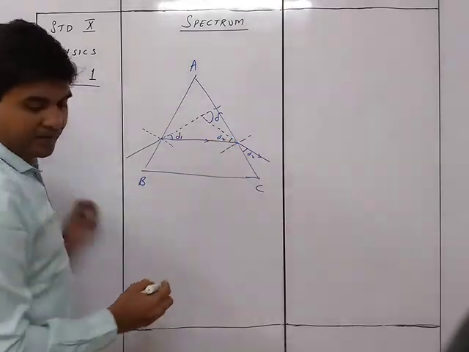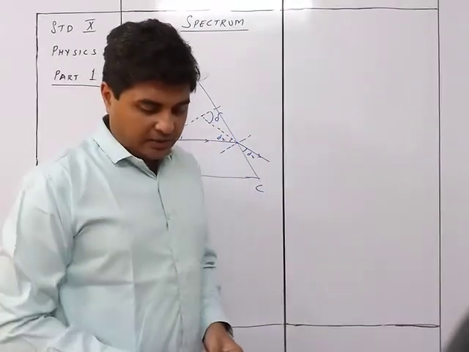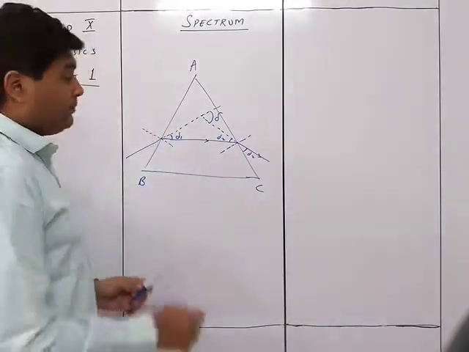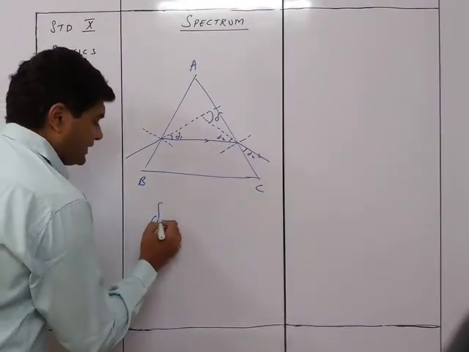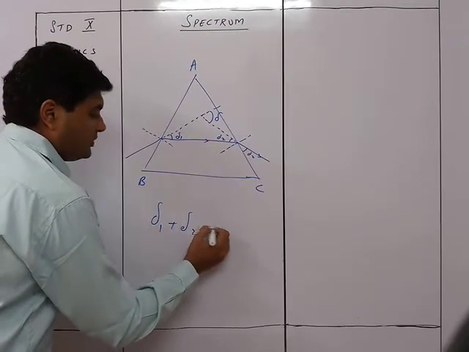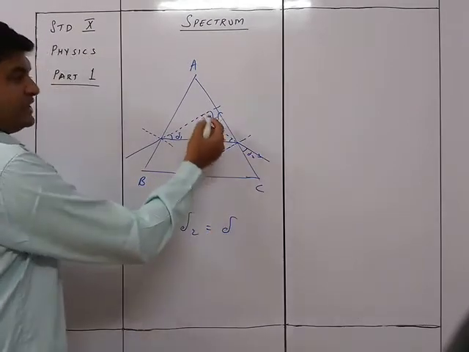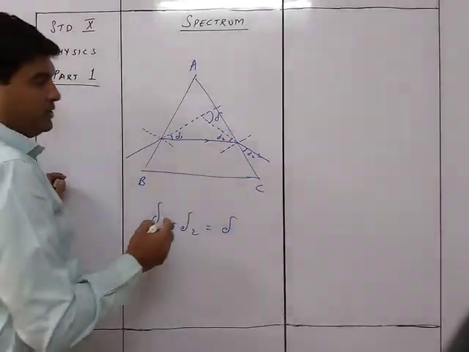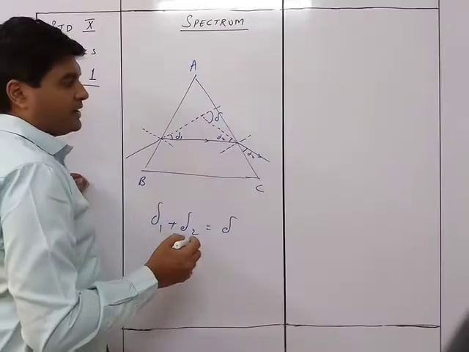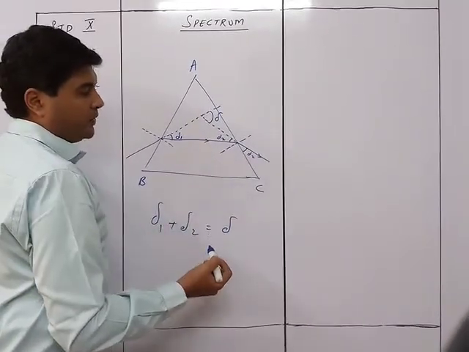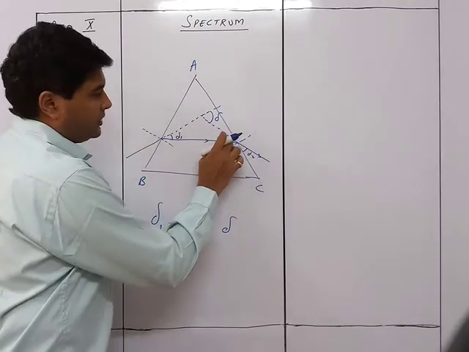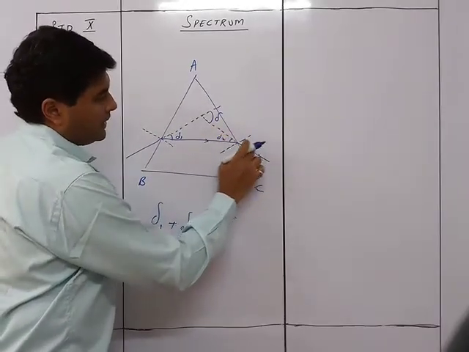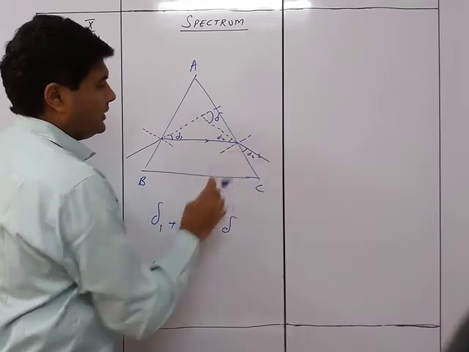So delta 1 and delta 2 are seen over here, and delta 1 plus delta 2 is equal to delta, by the exterior angle property of the triangle. This is what we get over here as the deviation.